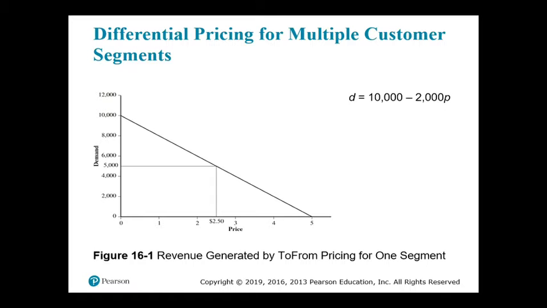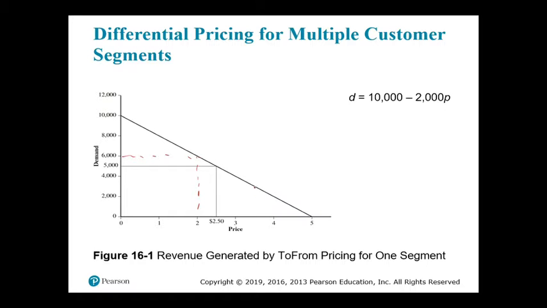So you can see here, if we charge a price of, say, $2, then we'll end up with 6,000 units of demand. Right.